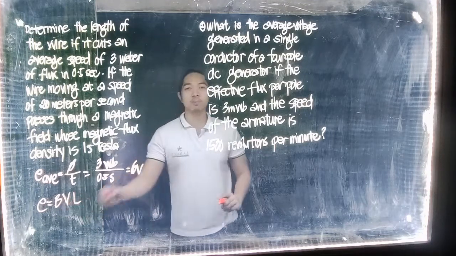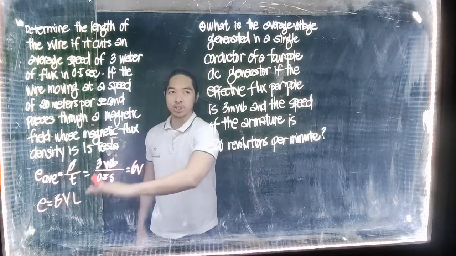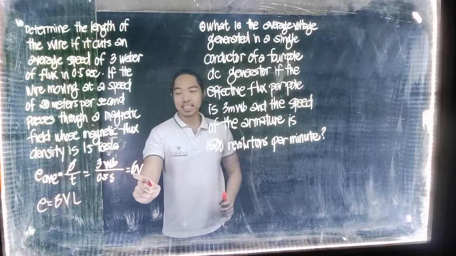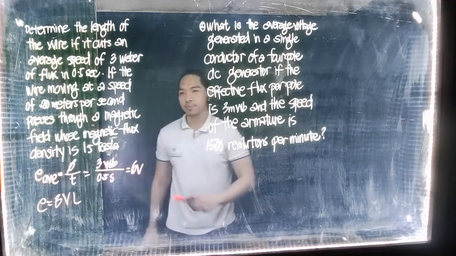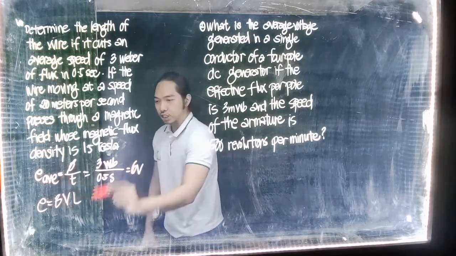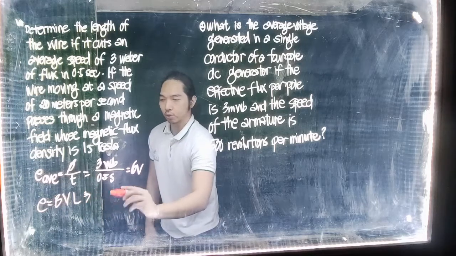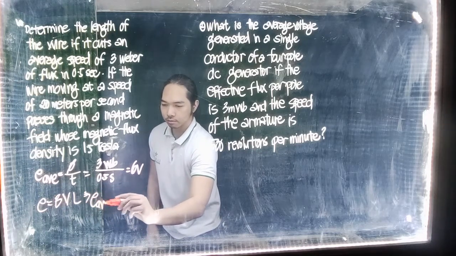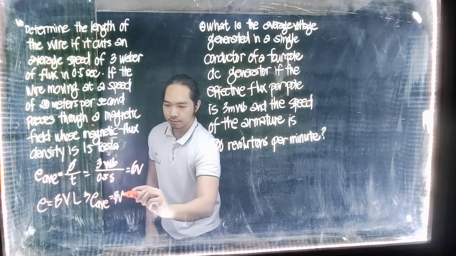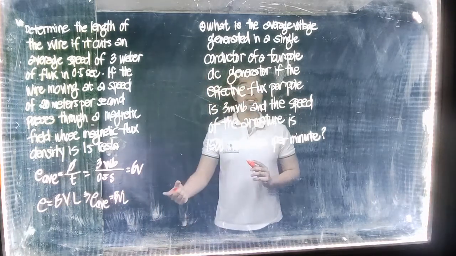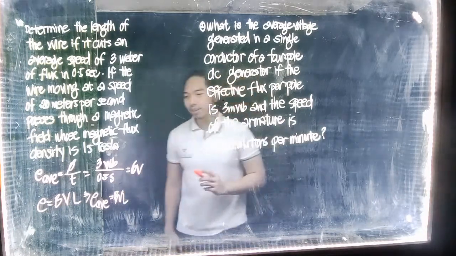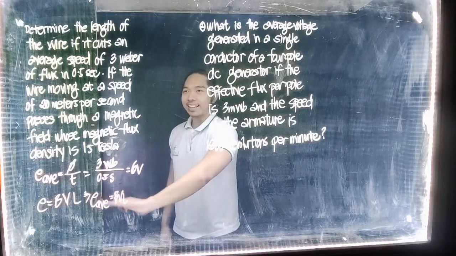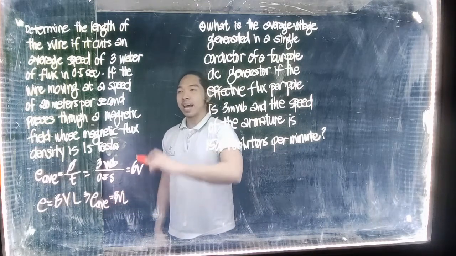So E equals BVL. We can use this equation. We know that E is equal to 6 volts, so we can write it as E average equals BVL. After writing it like this, we plug in all the values.